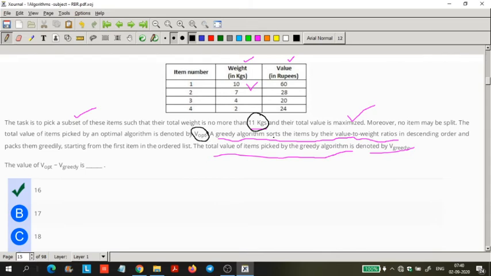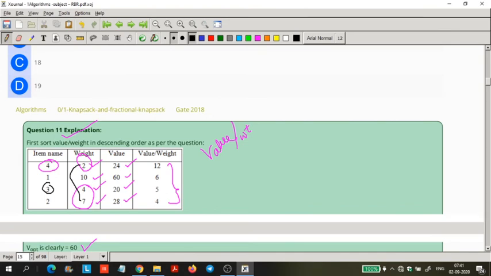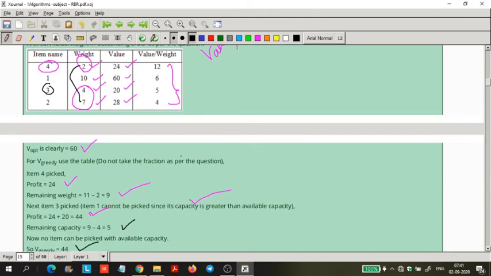A greedy algorithm sorts the items by their value to weight ratio in descending order and packs them greedily, starting from the first item in the ordered list. The total value picked by the greedy algorithm is denoted by V greedy. So the optimal minus greedy. Here the value by weight is in decreasing order, and V optimal is clearly 60.